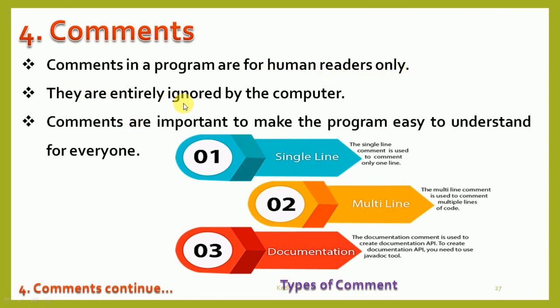They are entirely ignored by the compiler when you use these comments in the Java program. Comments are important to make the program easy to understand. In Java, there are three types of comments available: single line comment, multi-line comment, and documentation comment. We learn one by one.